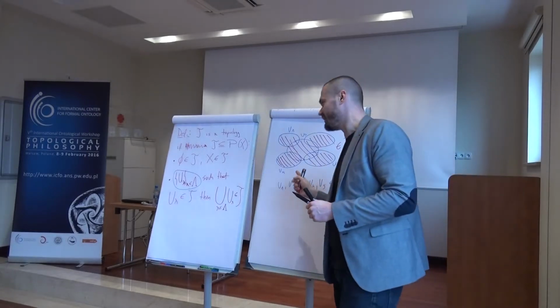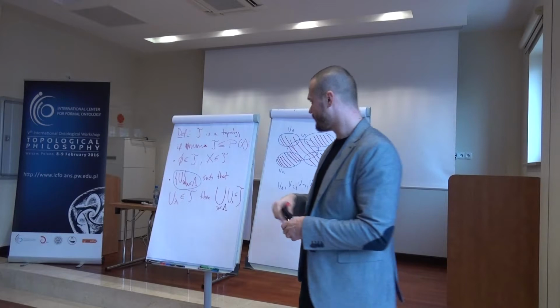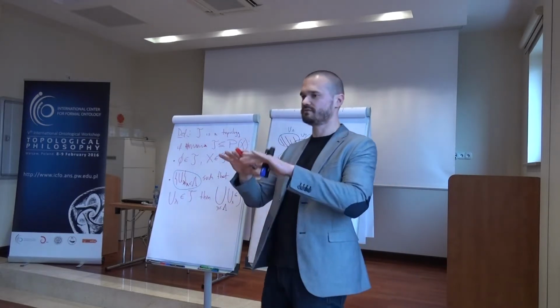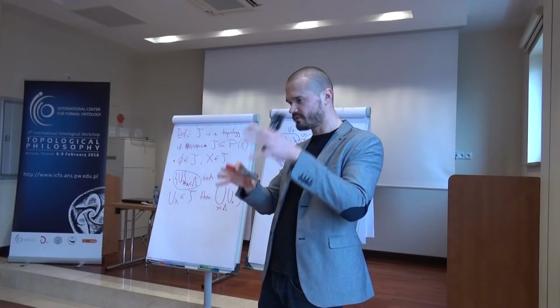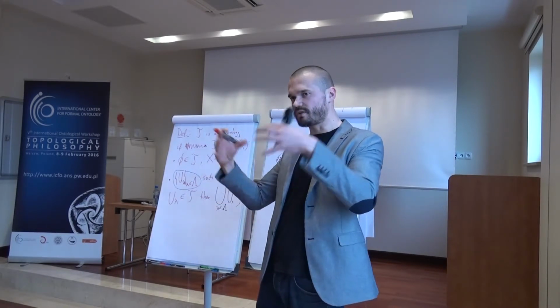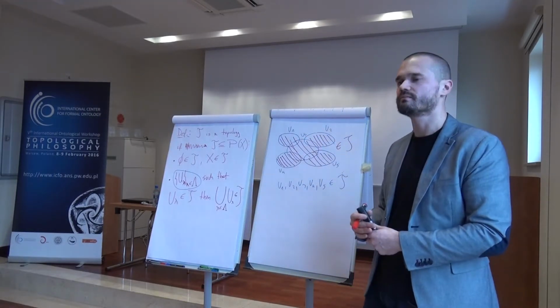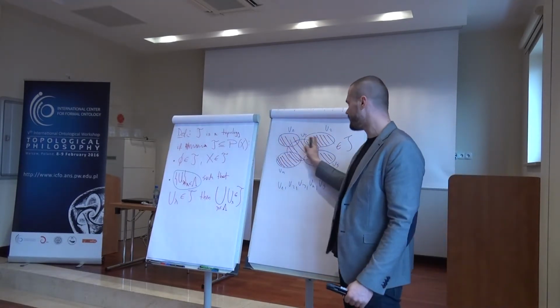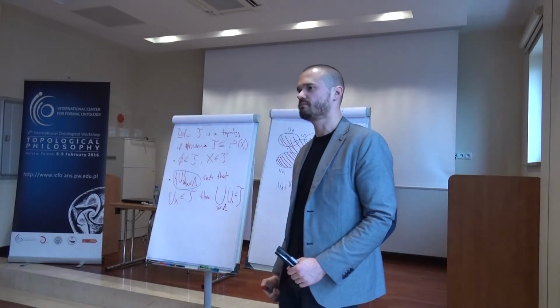Because it's a crucial moment, I would say. So a topology is such a family that if you have a given family of elements of this topology, then the sum of those elements is also an element of T. Okay?